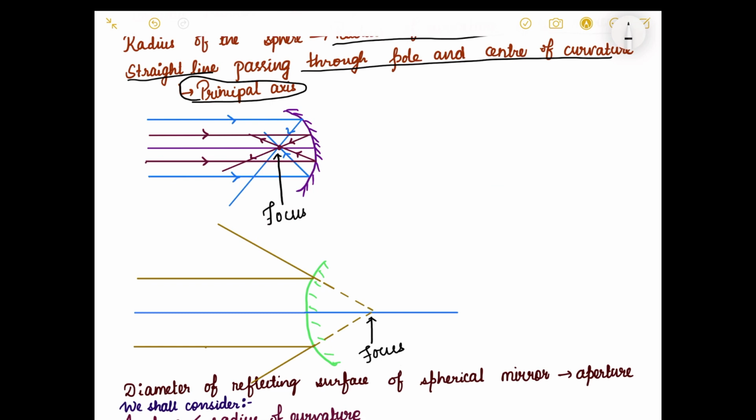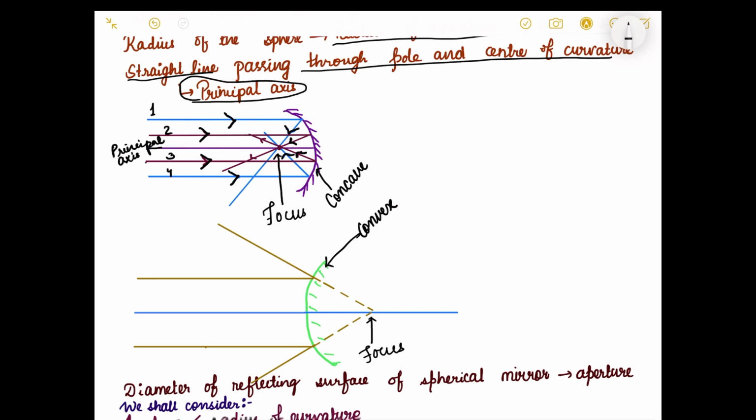Now, let us discuss the focus of the mirrors. Rays of light incident on it will reflect back. Let us consider this ray 1. A ray of light is parallel to the principal axis. Here this is the principal axis. Suppose this ray of light 1 gets reflected in this way. Ray 2 gets reflected in this way. Ray 3 gets reflected in this way and ray 4 gets reflected in this way.